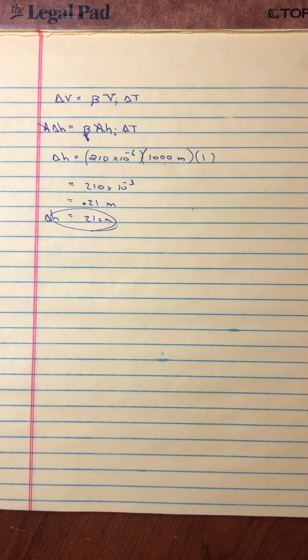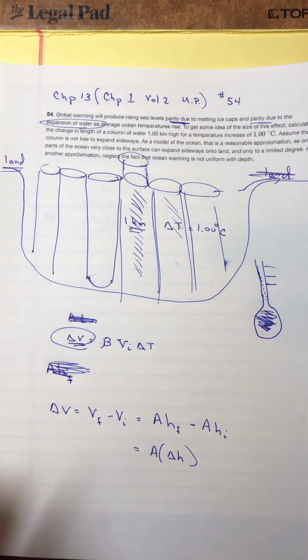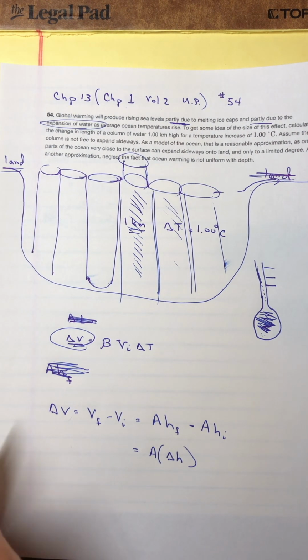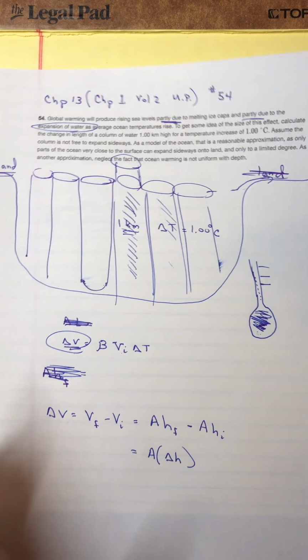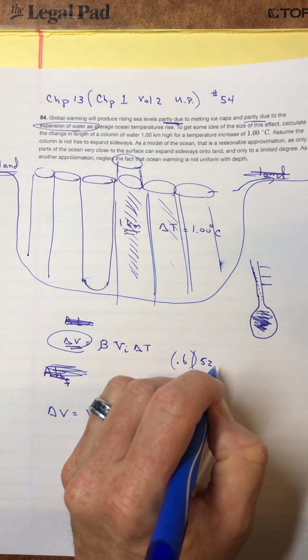And I would also point out that's also for only 1 kilometer of depth, and I guess that's 60% of a mile, 5,280.